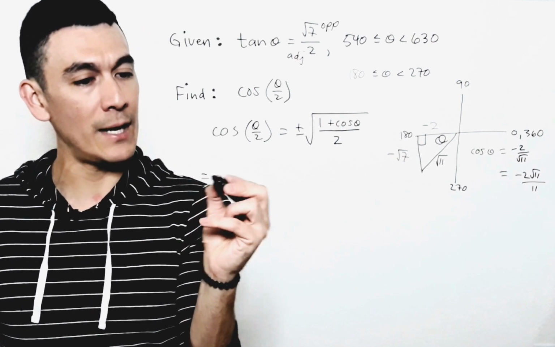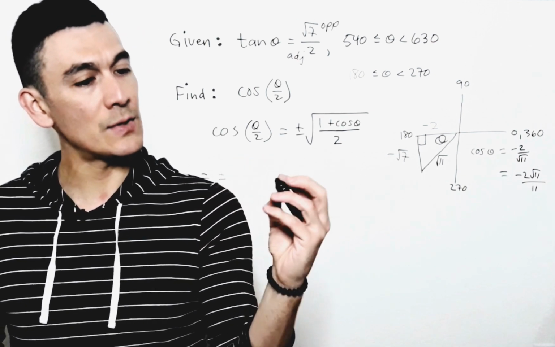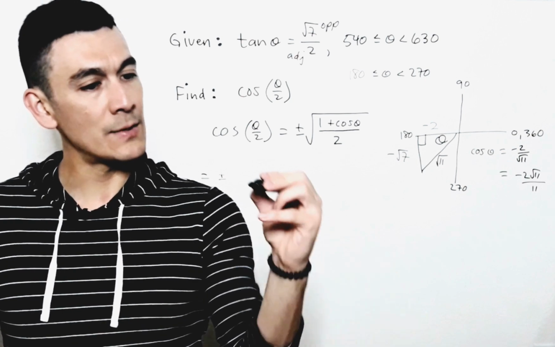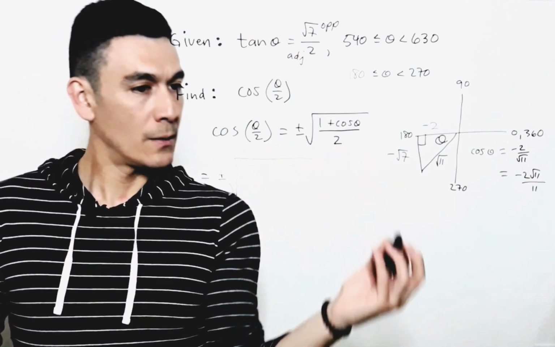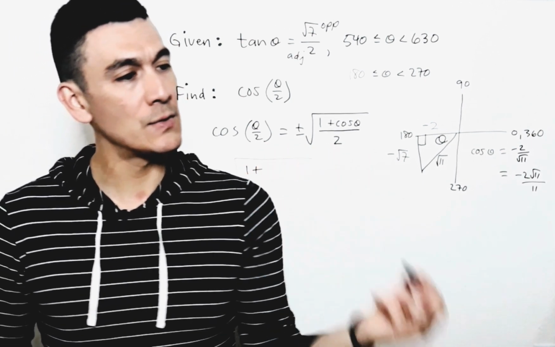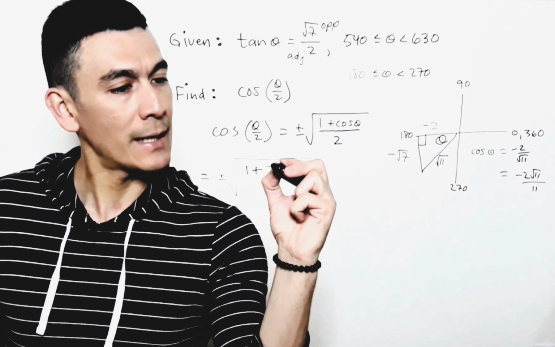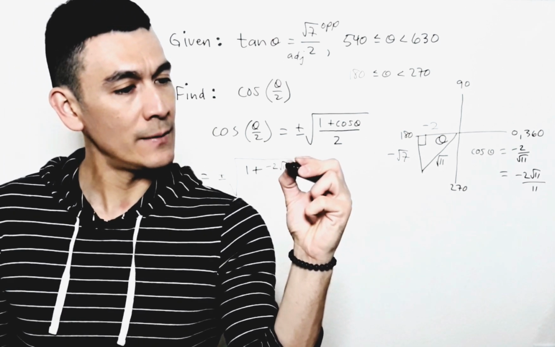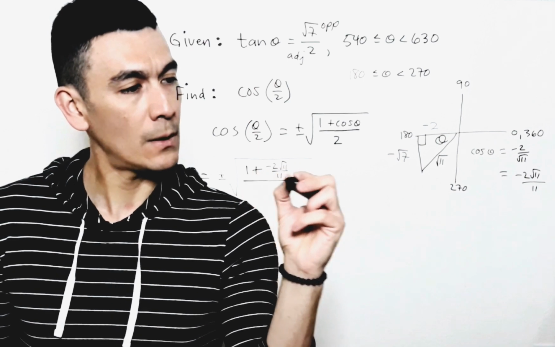So let me continue my work way over here. We have plus or minus the square root of 1 plus cosine theta, which is negative 2 square root 11 over 11, all over 2.